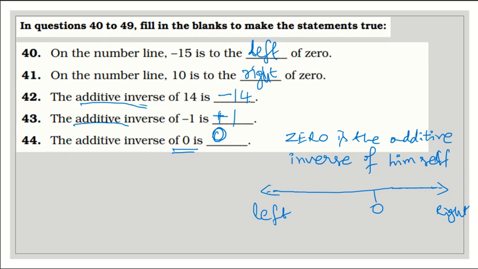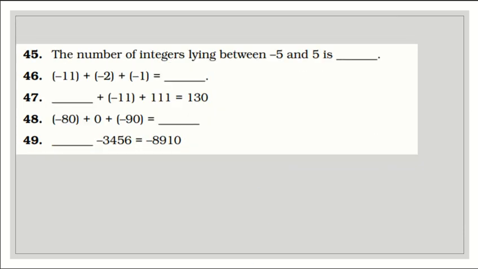Now coming to question number 45, the number of integers lying between minus 5 and 5. See children, first of all, what are the integers lying between minus 5 and 5?